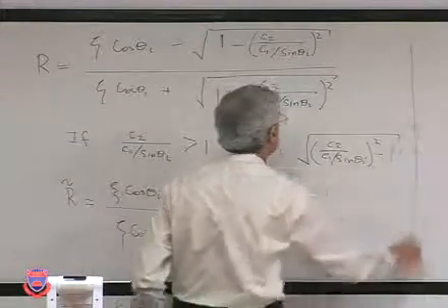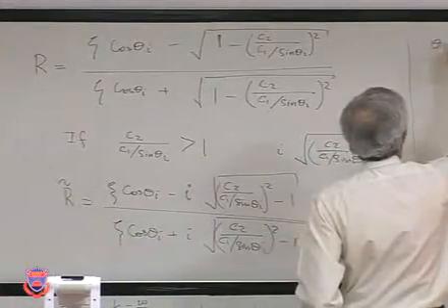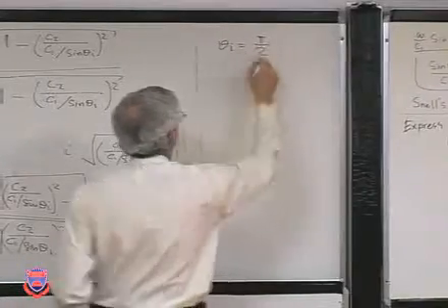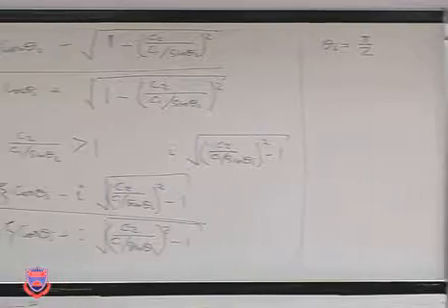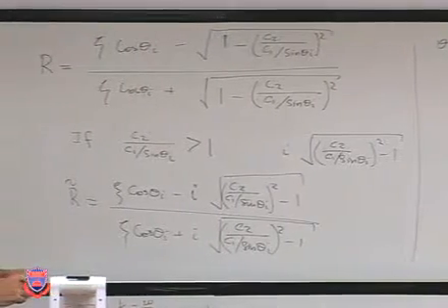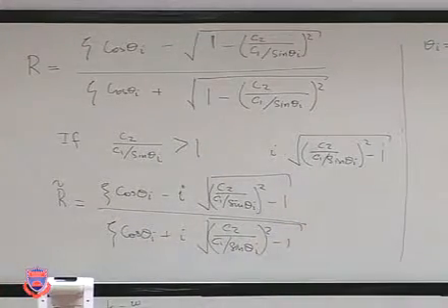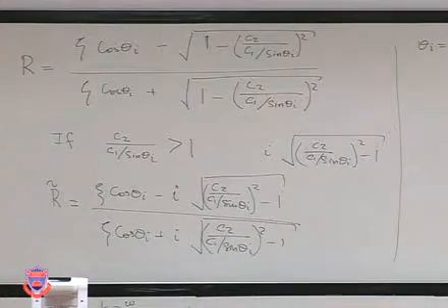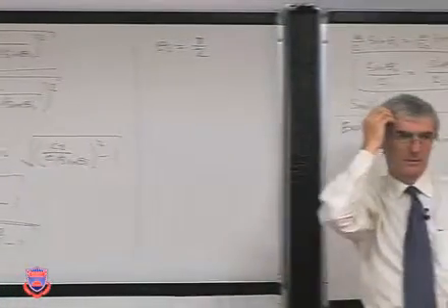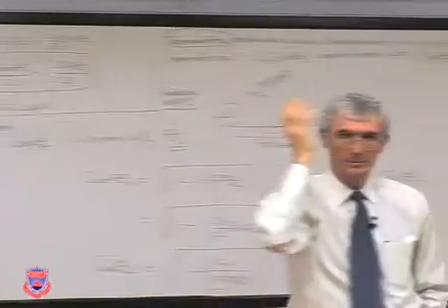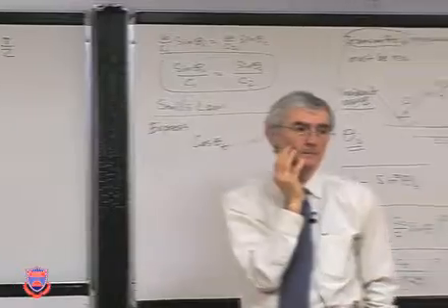Take a look at this and see what happens when theta i is equal to pi over 2. What happens to it? And what does it mean? Don't write, just think about it for a second. If the incident angle is pi over 2, what does it mean, and what happens to the reflection coefficient?